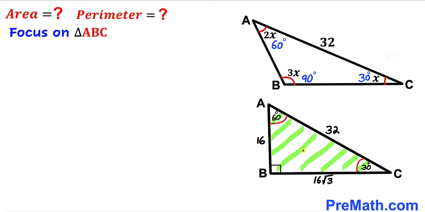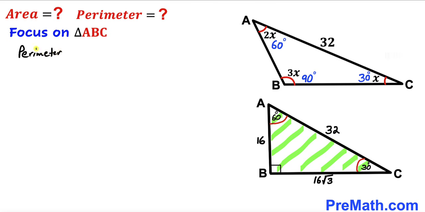And now let's focus once again on this triangle ABC. This time we are going to calculate the perimeter of this triangle ABC. We know the perimeter is simply the sum of all these side lengths of the triangle. So let's go ahead and calculate the perimeter.